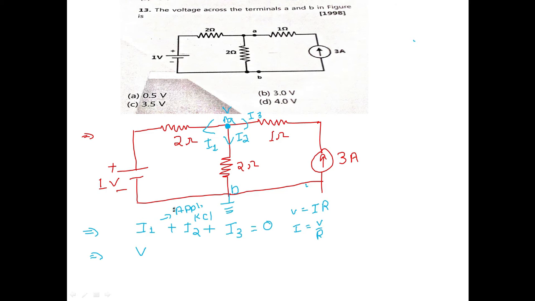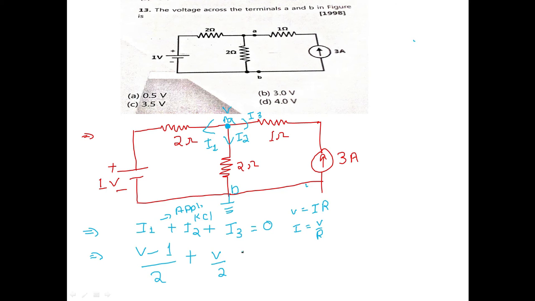Now V by R, so V minus the lower potential voltage, which is 1 volt, so V minus 1 upon the resistance across this branch, that is 2 ohm. So I1 is V minus 1 upon 2 ohm. I2 is calculated as V upon 2 ohm.